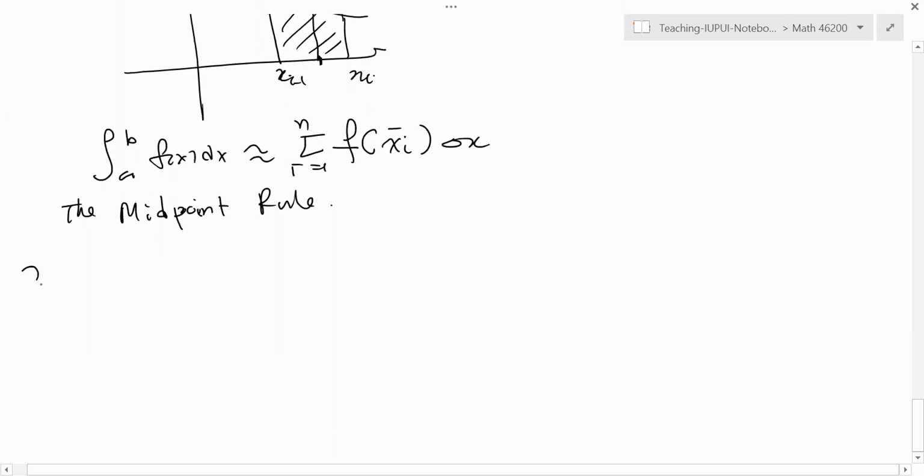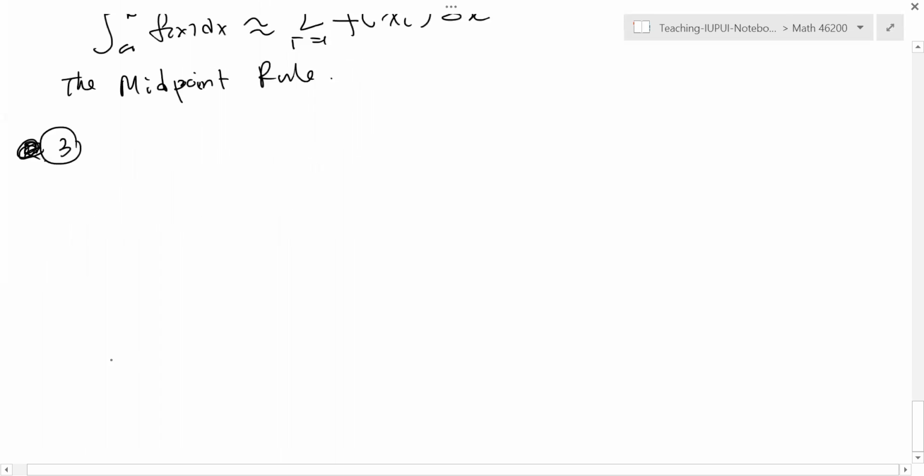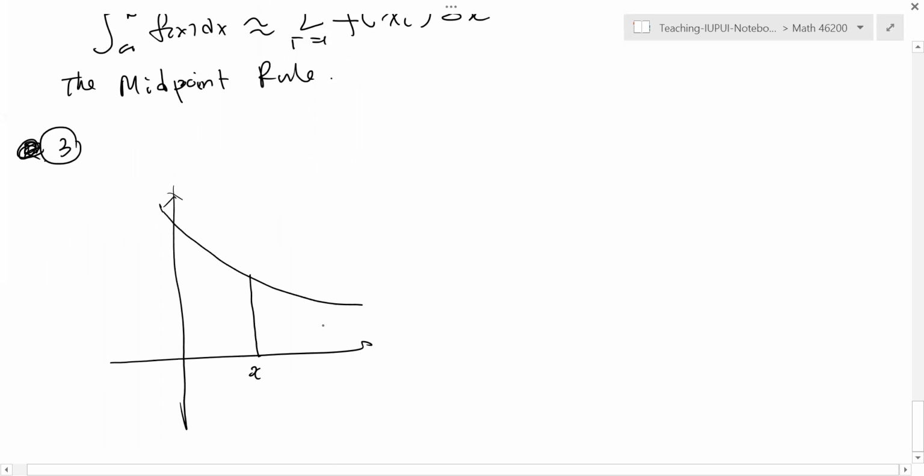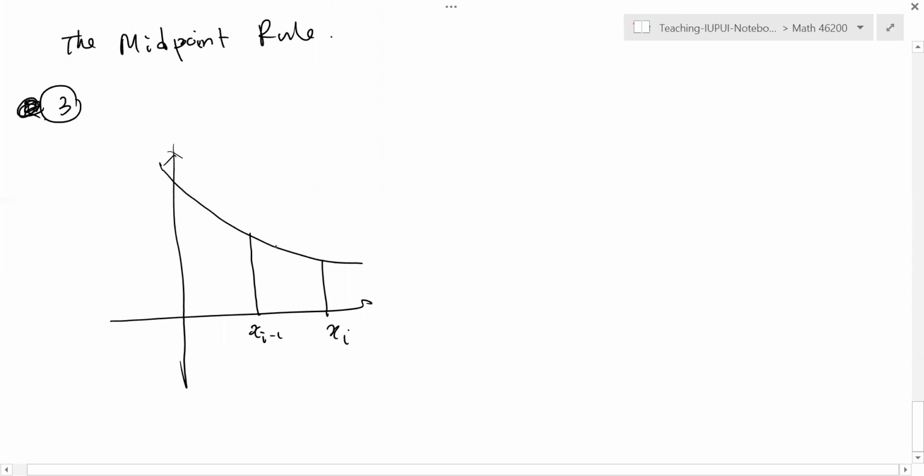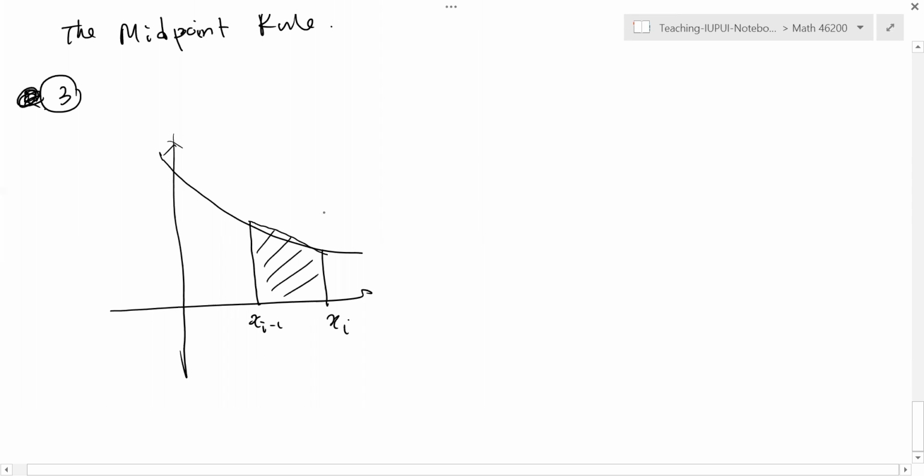And the third one. Well, let's take a look at the picture again. Instead of choosing a point, this is the i-th interval, right? Instead of choosing a point, I'm going to just look at this trapezoid.